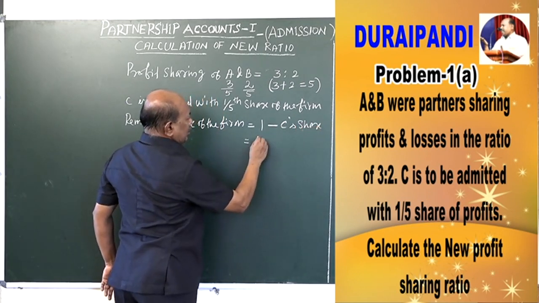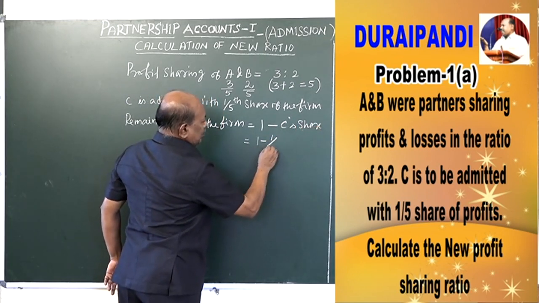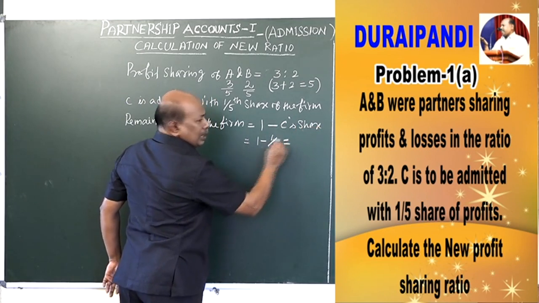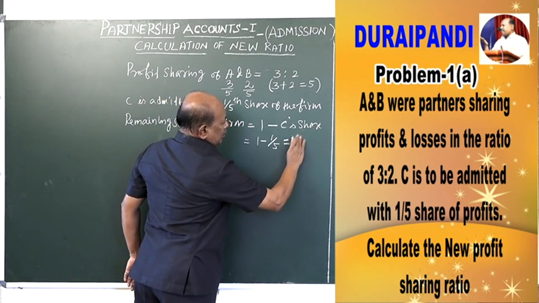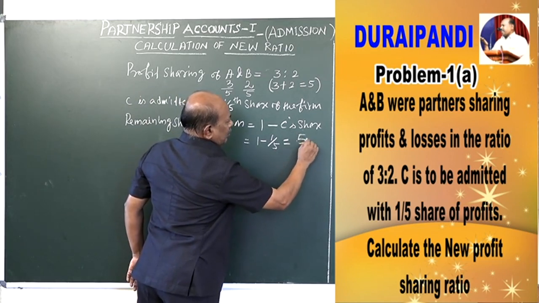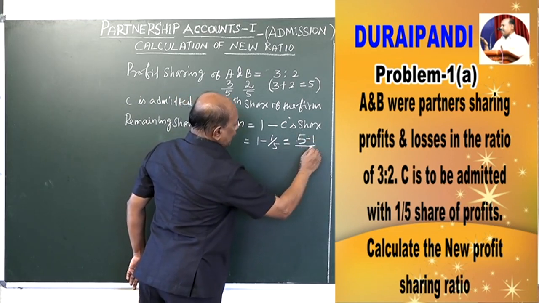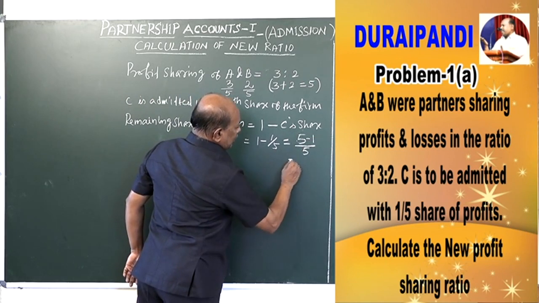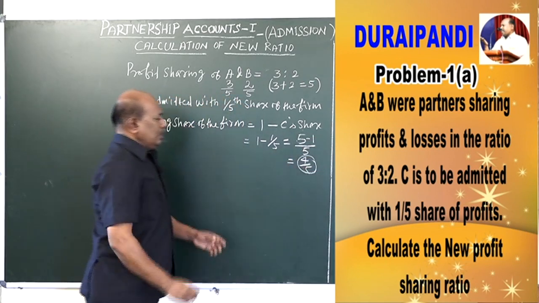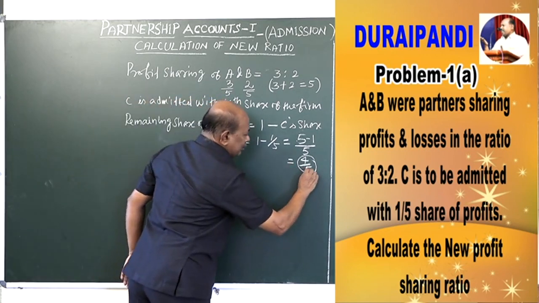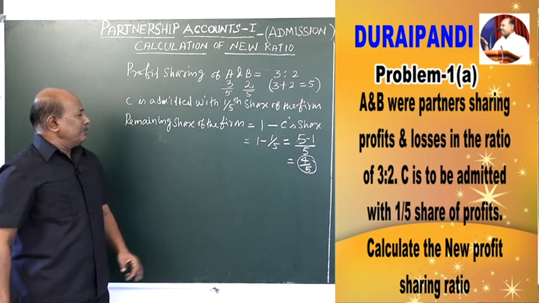That is equal to 1 minus 1 by 5, that is equal to 5 minus 1 divided by 5, that is equal to 4/5. So the remaining share of the firm was 4/5.